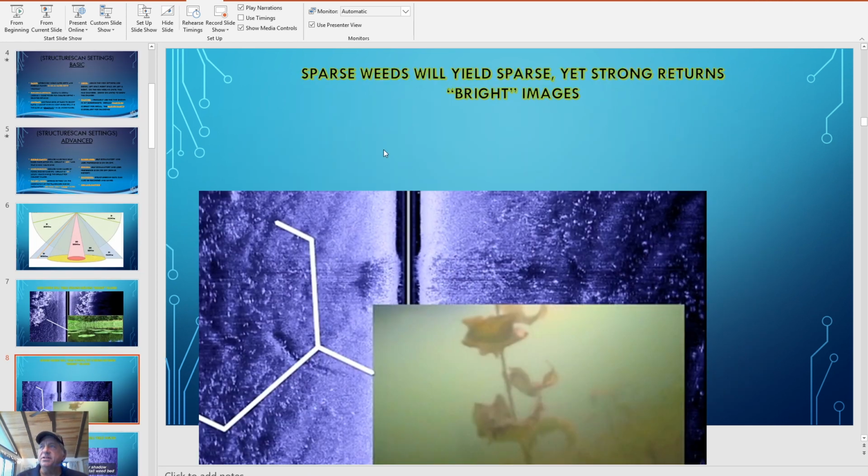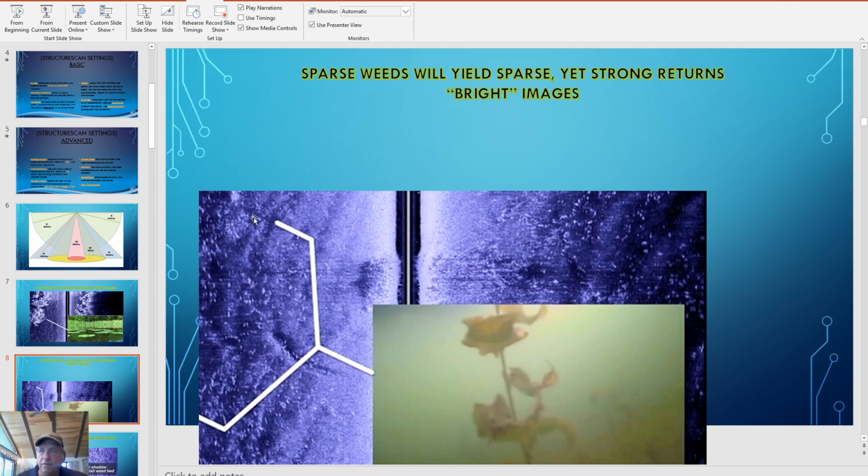The next slide is, again, an image of what you'll see for weeds. But if you notice here in the underwater camera shot, these are a different kind of weed. Thinner stem, still some broad leaves, but in your side imaging, it's not going to be as thick as it was in the previous slide.